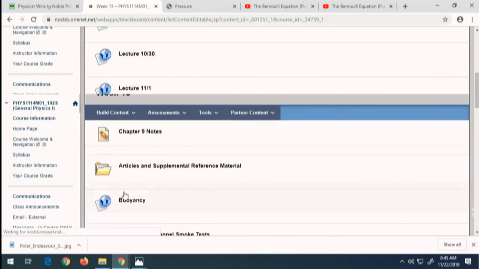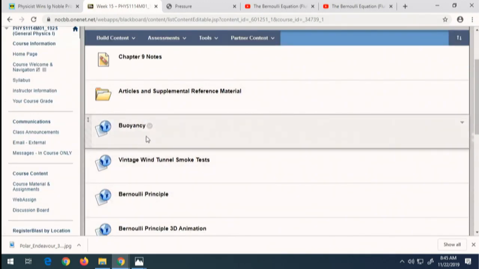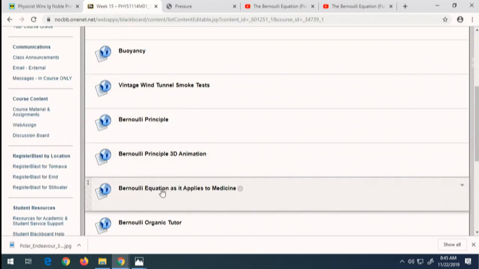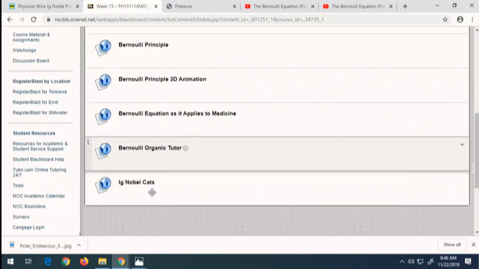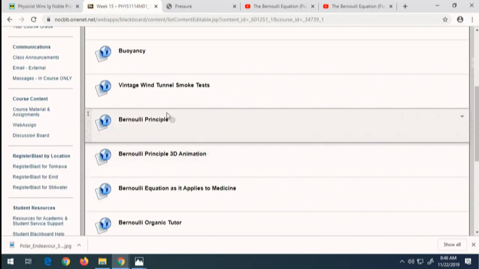There's a week 15. I cleaned it up because I had this one like 4 times in here, and it only needs to be there once. I did add the organic tutor that walks through the development of the Bernoulli equation. I added that this morning, and I added the link for the ignoble cats, so that you can actually look at it.